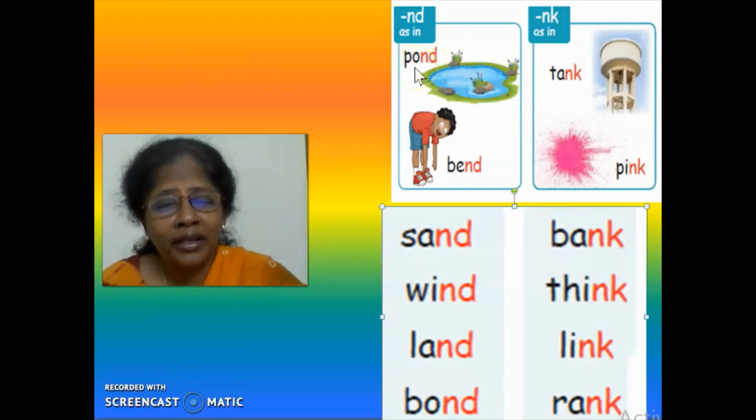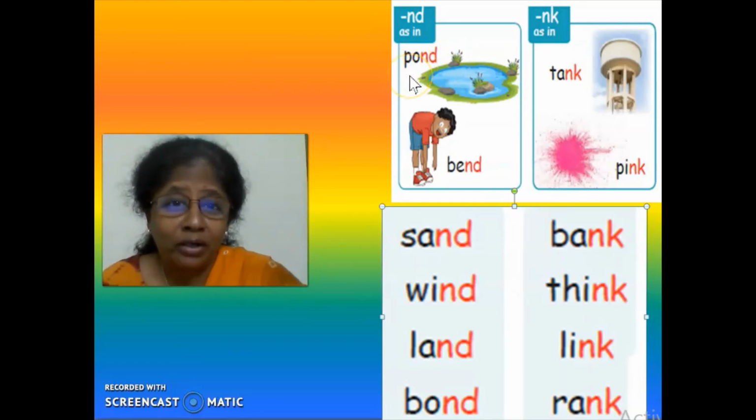But when you say it, you're not going to make the d strong in the end. Always when the D sound comes in the end, you make a very gentle blend. So, pond, bend, and ink.